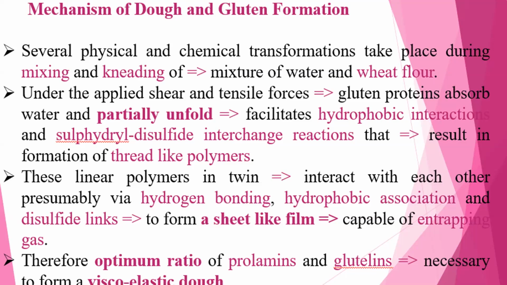And these linear polymers in turn interact with each other, presumably via hydrogen bonding, hydrophobic association, and disulfide links, in order to form a sheet-like film which is capable of entrapping gas. Therefore, an optimum ratio of prolamins and glutelins is always essential to form a viscoelastic dough.